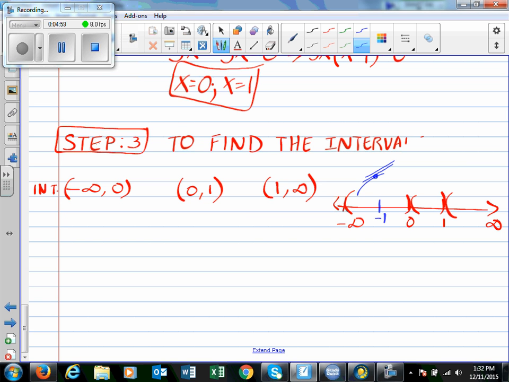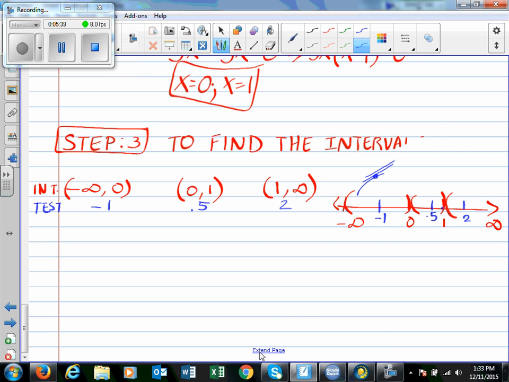Say negative 1. Then, pick a number between 0 and 1, 0.5. Pick a number between 1 and infinity, 2. So you divide the interval, and the second step is to pick the test value. We pick the test values to be -1, 0.5, and 2. All we're doing is picking one number in each interval.